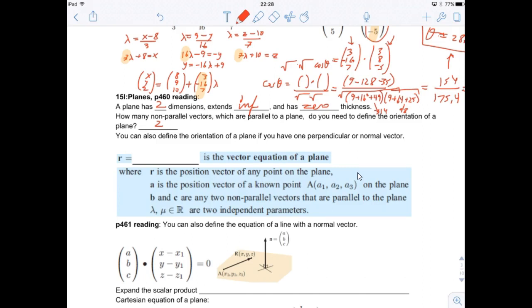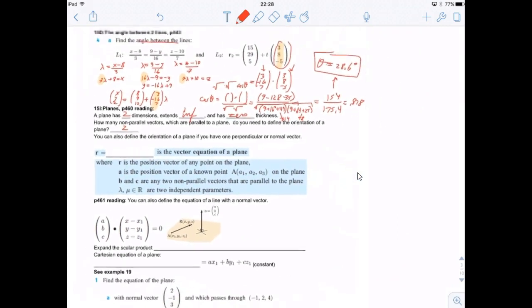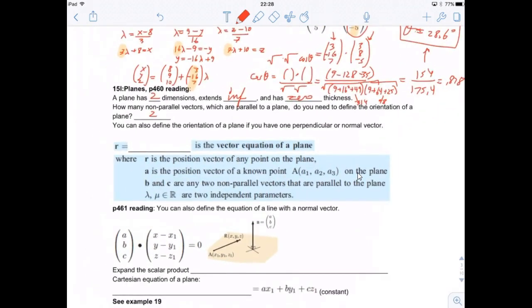Okay, so for example, can you imagine if you had 2 non-parallel vectors and you put them end to end like that, or you put them like that, and then you defined a plane that contained both vectors? Then you can see that you have defined the orientation of the plane.